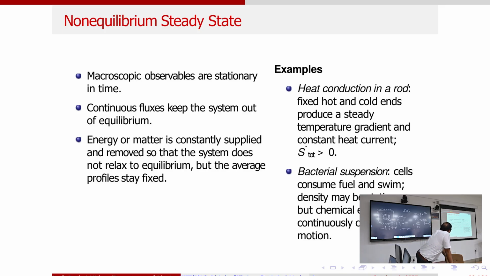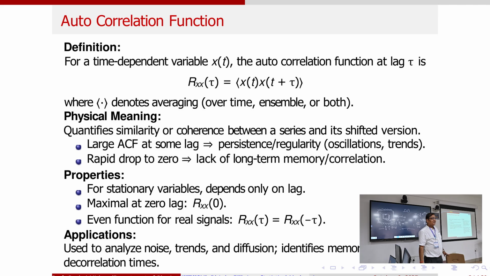Energy or matter is constantly supplied and removed so that the system does not relax to equilibrium. It never relaxes. Otherwise, if you stop supplying it, it ultimately goes from a detailed balance absent case into a detailed balance case.